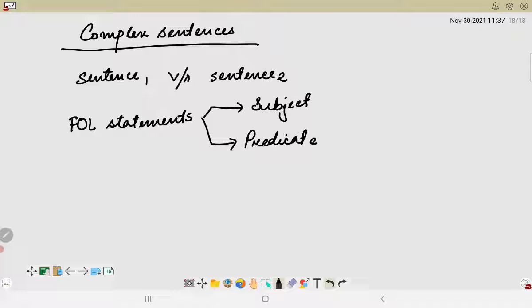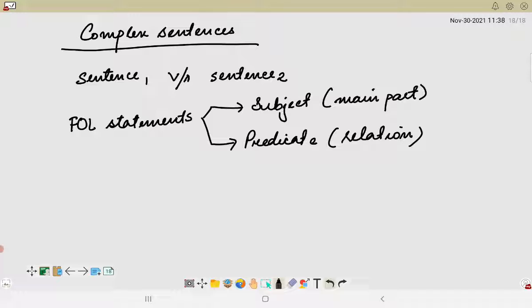The subject is the main part of the statement, which reflects the main content of that particular statement. And predicate can be defined as the relation between those terms, which binds the two atoms together in the statement.